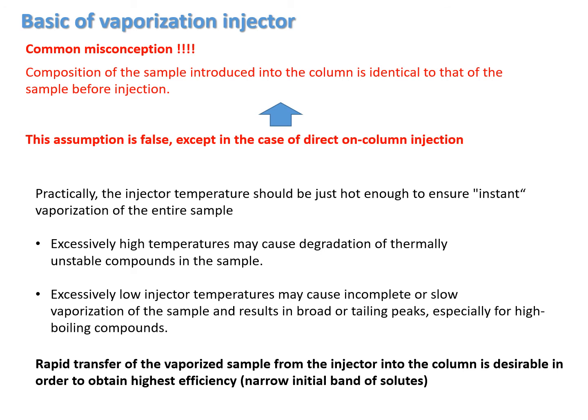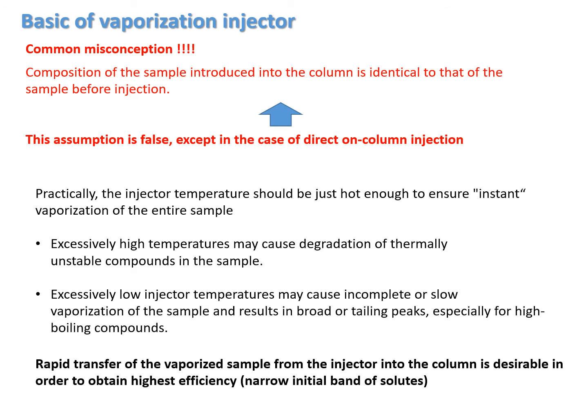Usually, the injector temperature should be hot enough to ensure the instant vaporization of the entire sample. Excessively high temperatures may cause degradation of thermally unstable compounds in the sample.